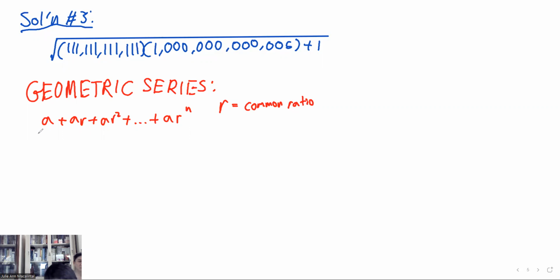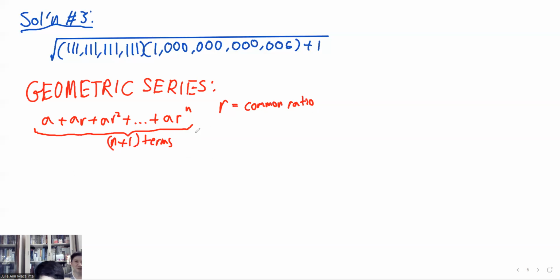And what do you do with R? You multiply it successively. R was multiplied n times through the course of the series until it reaches R to the n. So there are n plus 1 terms.